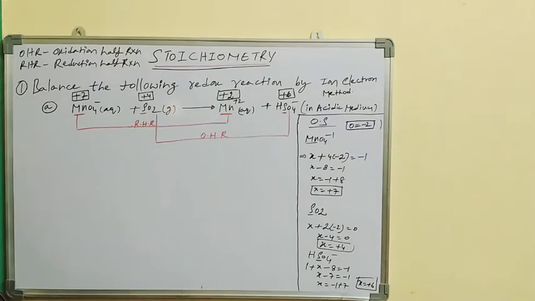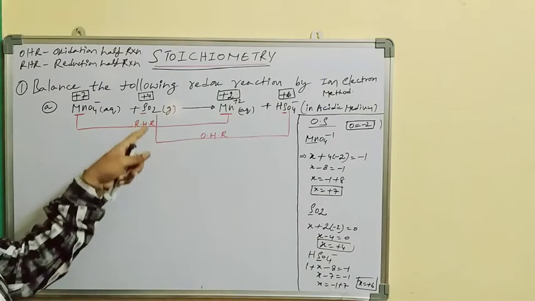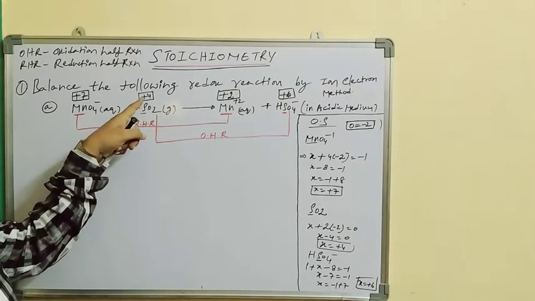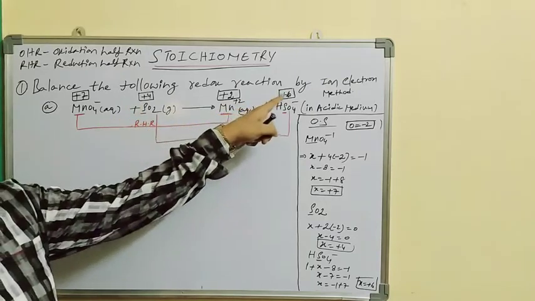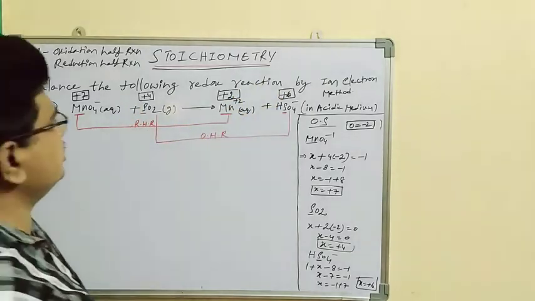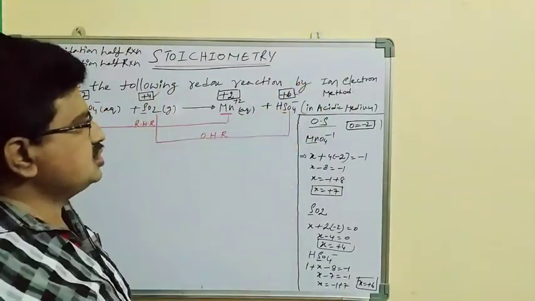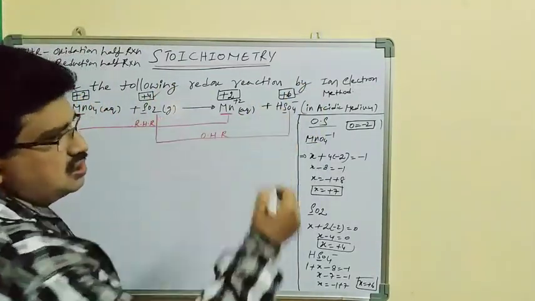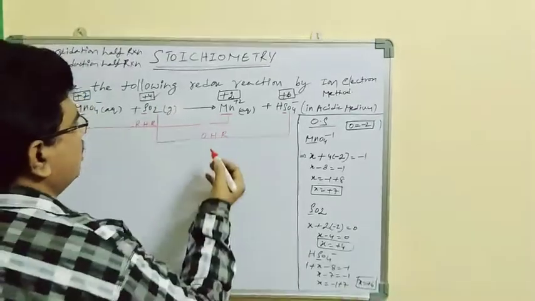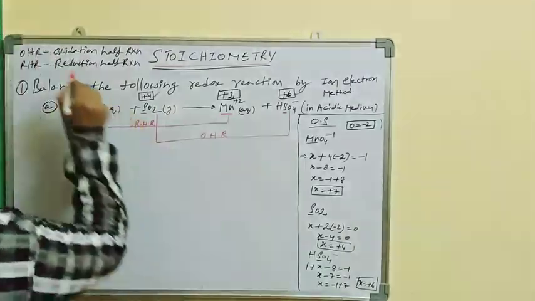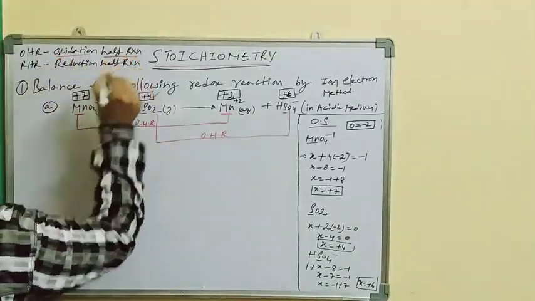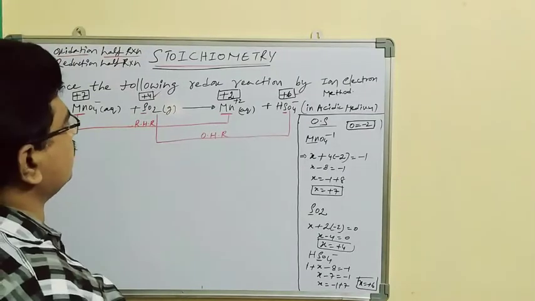So this is the oxidation half reaction: the oxidation number goes from +4 to +6, so it increases, which means oxidation half reaction.